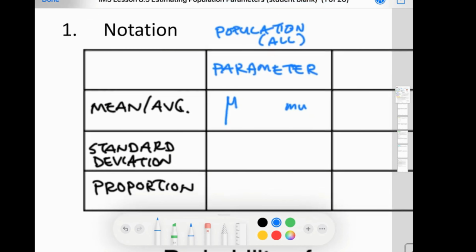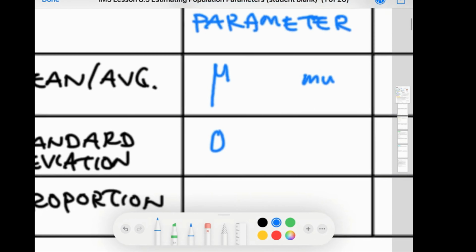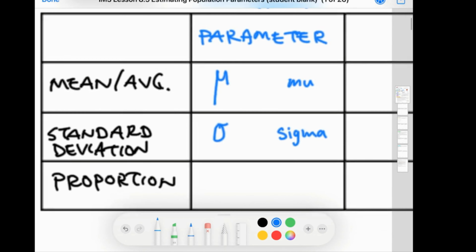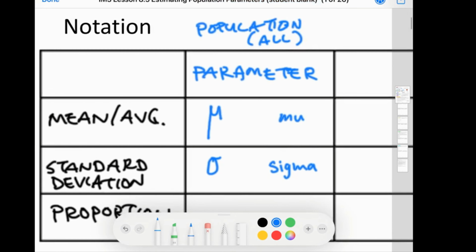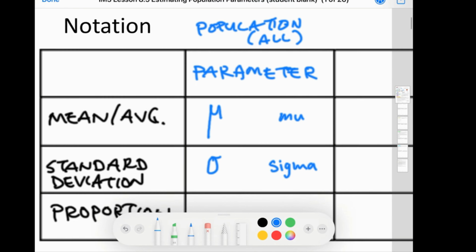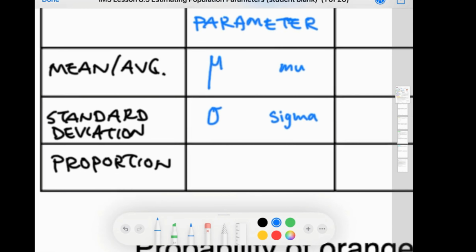For the parameter for standard deviation, you have an O with a little tail on the top, and this one's called sigma. So if we were taking all the data from the whole school, it's called a parameter. And the last one, a proportion, is just P.